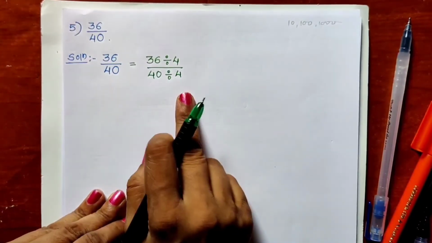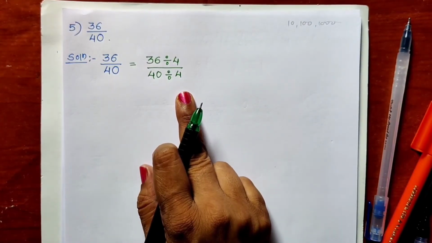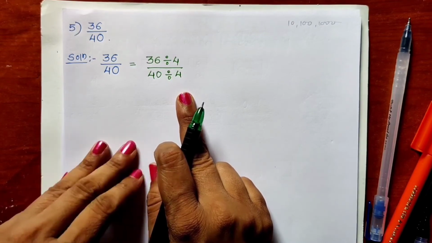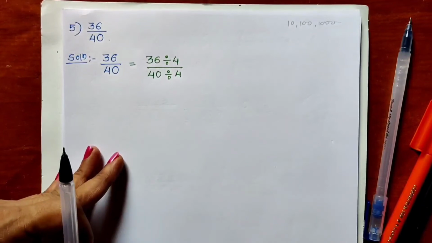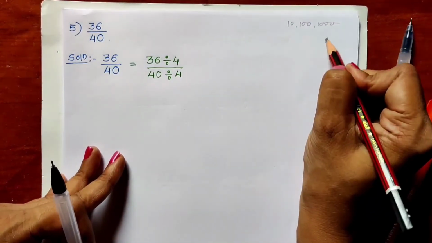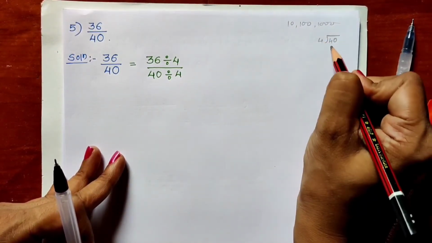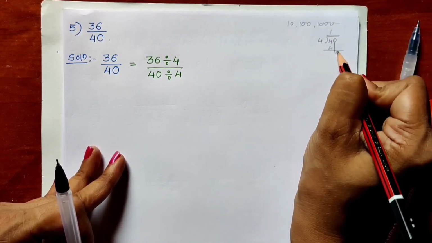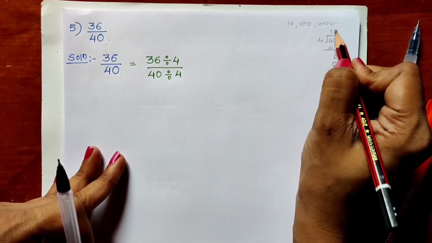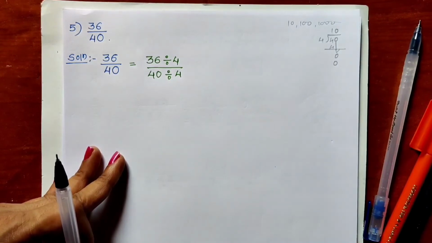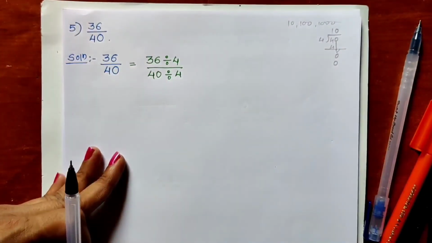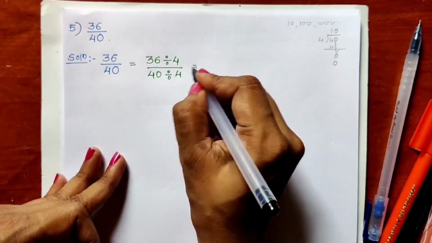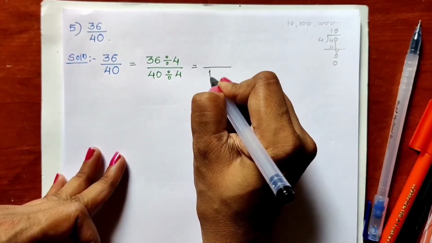Why are we dividing 40 by 4? So that we can get the denominator as a multiple of 10. So when we divide 40 by 4, what we get? We get 10, correct? 40 divided by 4. 4 ones are 4. 0 written down. 4 zeros are 0. So 4 tens are 40, we all know. So in the denominator we will get 40 divided by 4 is 10.